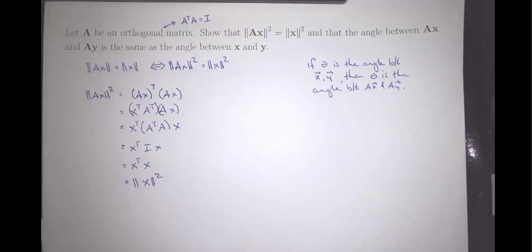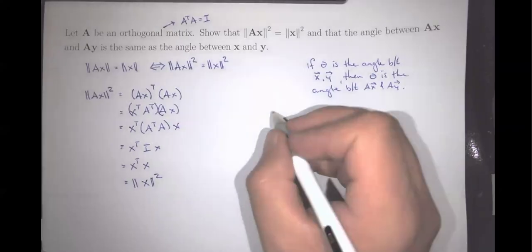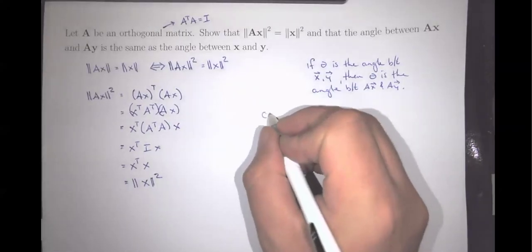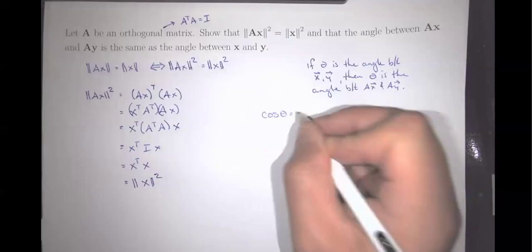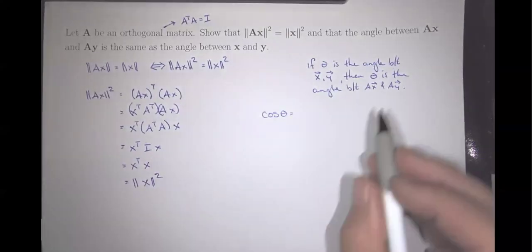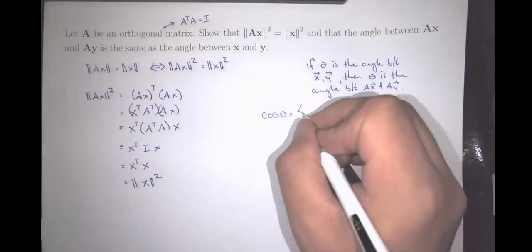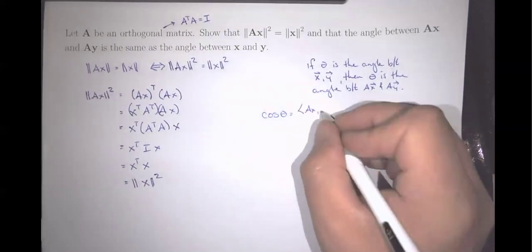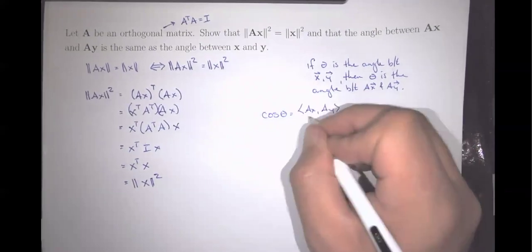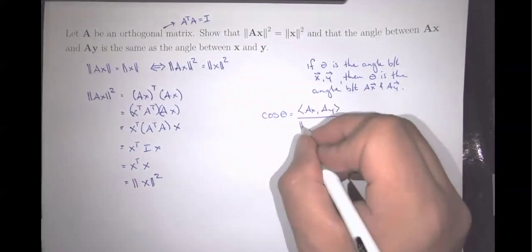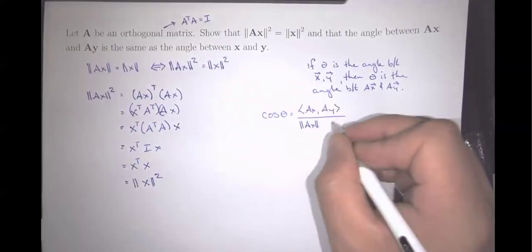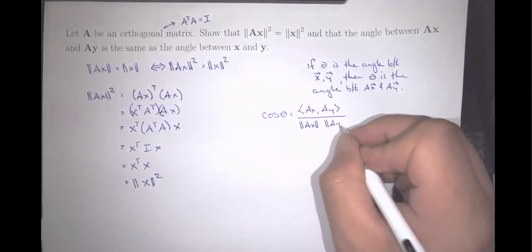How about the angle? Well, let's look at cosine theta between AX and AY. So this is the inner product of AX with AY, divided by the length of AX times the length of AY.